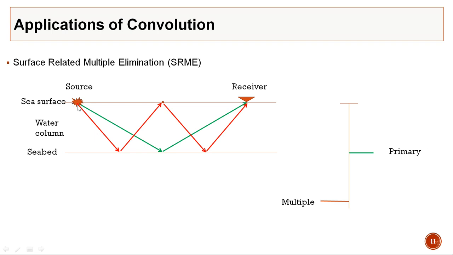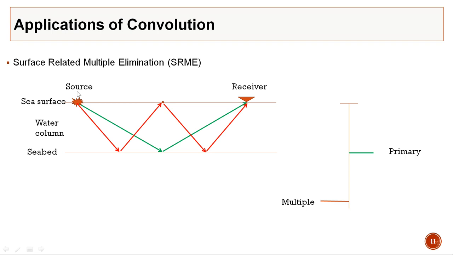And then you have another event, it goes like that and then gets reflected from the seabed, and then it gets reflected back from the sea surface, and it changes its polarity, so it's recorded here. So the multiple is recorded with a negative polarity because you have a contrast of impedance at the sea surface.